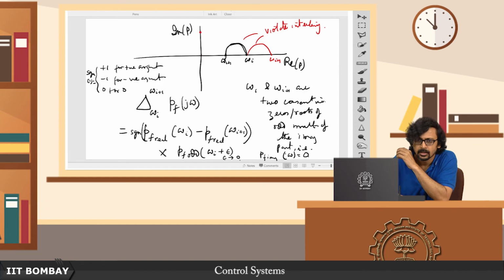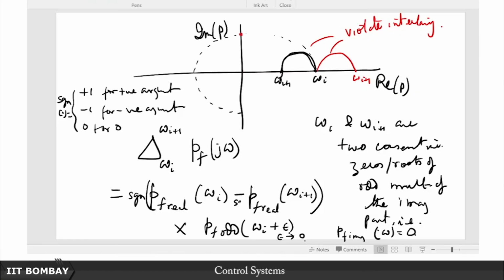It is not interlacing. For interlacing it would have had to go like this, but it is not doing that. So in this case, I missed the signum here, and this is also a signum. So it is the signum of this minus the signum of this, the whole multiplied by the signum of this.